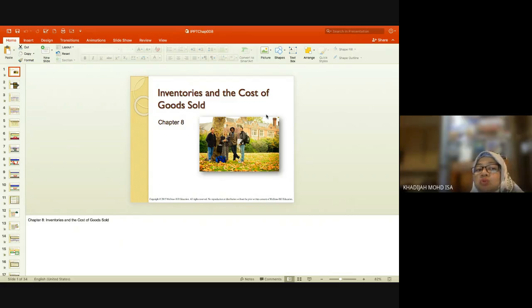But at the same time, you do not want to have too much inventory, because too much inventory will tend towards damages, theft, for example. So you need just enough stock, just in time, in order to maintain. And remember that in order for you to get cash from the inventories, you have to sell to your customer.